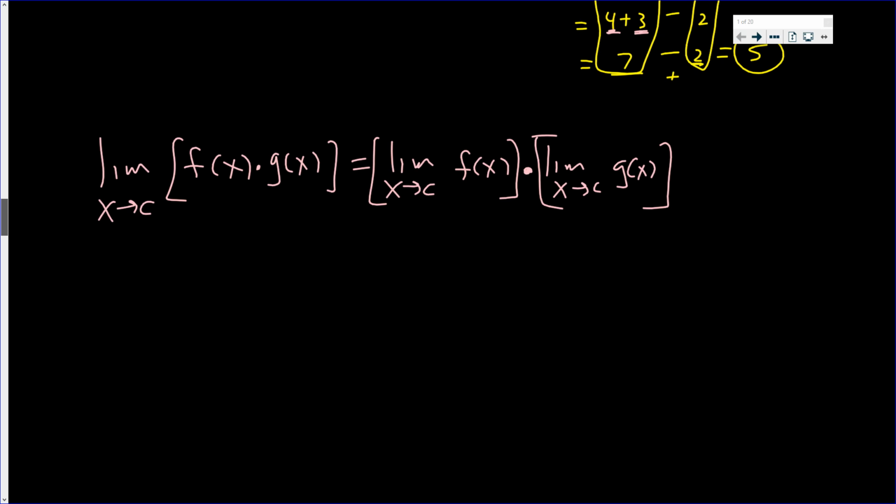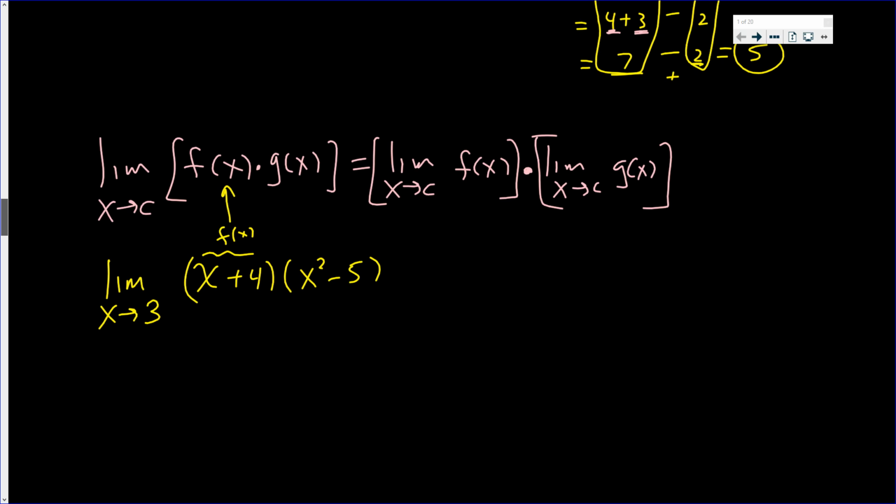So, for example, if you had the limit as x goes to 3 of x plus 4 times x squared minus 5. You can think of this as f of x, like that, and you can think of this as g of x if you like.